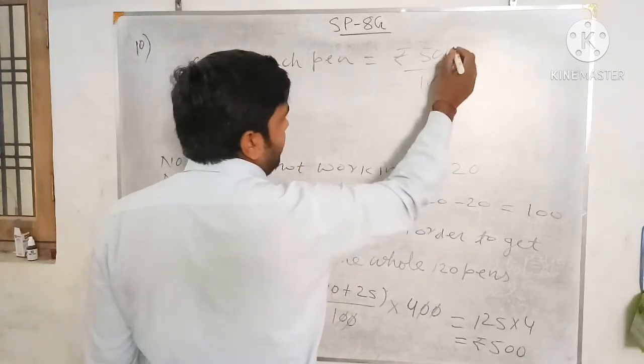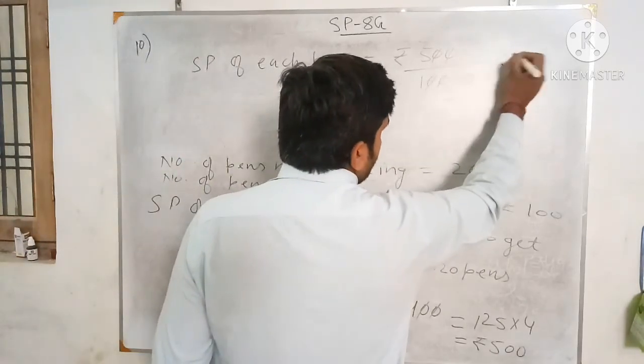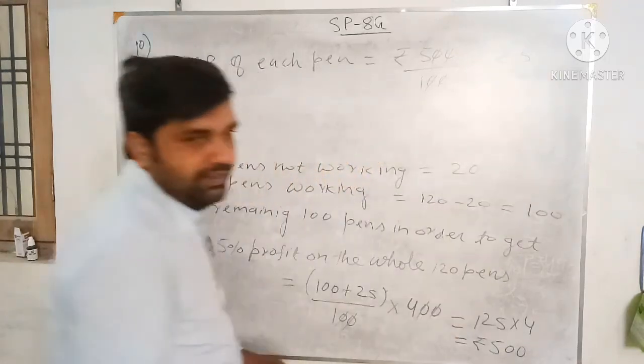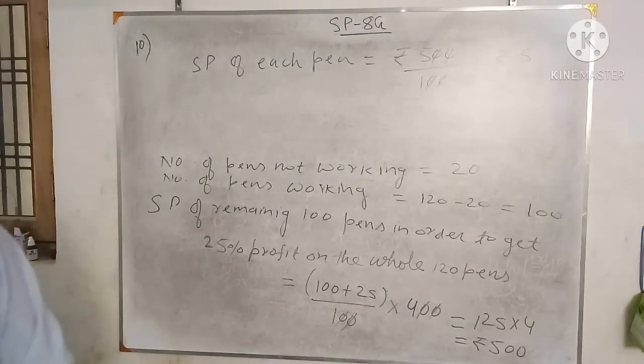Both the zeros are cancelled, so rupees 5. So he will sell each pen at rupees 5 in order to get 25% profit on the whole.